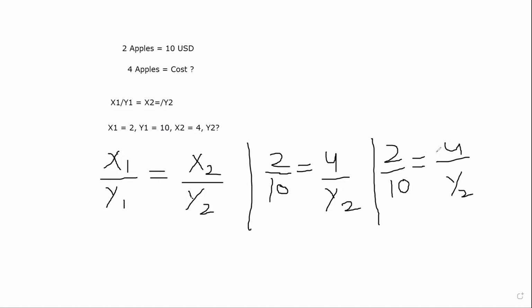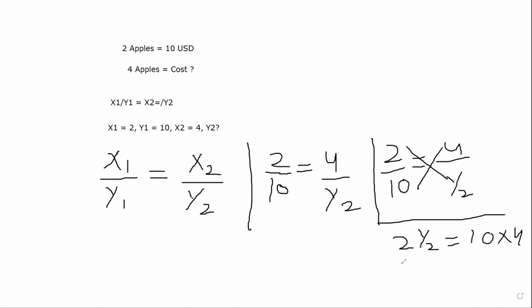All right, we're going to cross multiply. So 2 multiplied by y2 is 2y2, which is equal to 10 into 4.